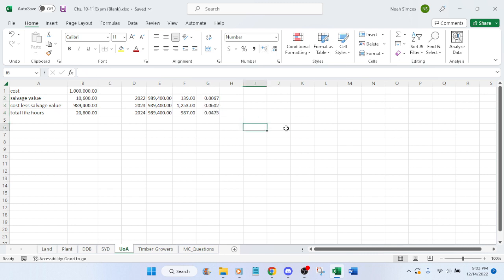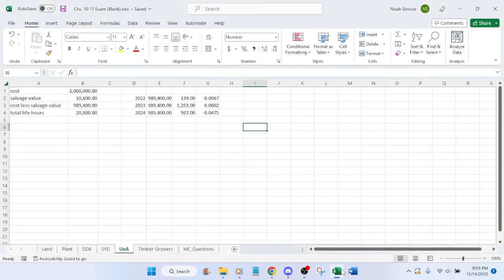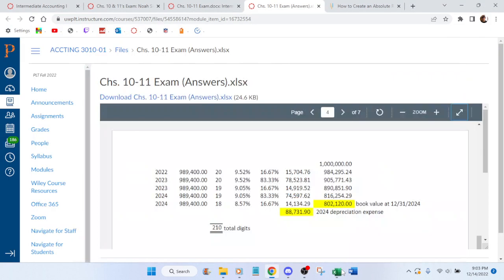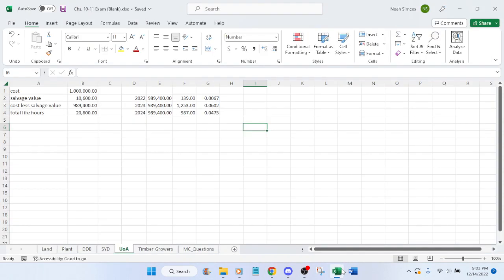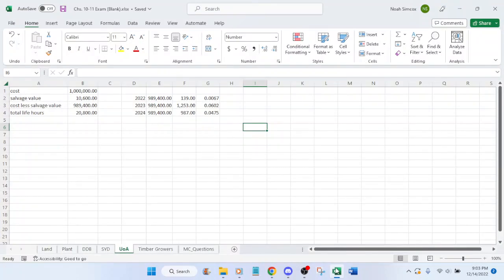We got 0.67. What on earth? No, wait, I'm looking at the wrong thing. 0.67%, 6.02%, 4.75%. That was correct.